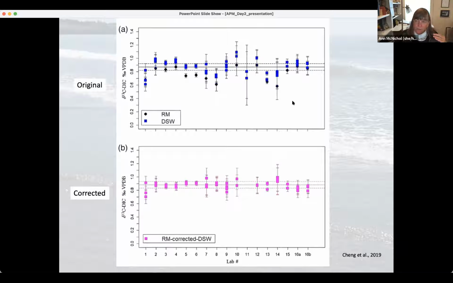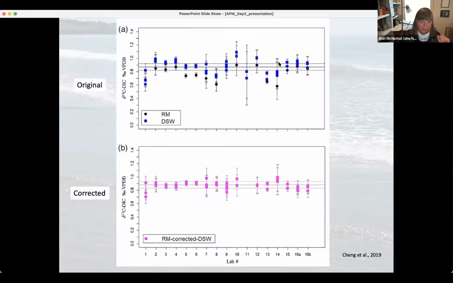The GOOS program, the Global Ocean Observing System, has identified C13 as, I don't know what they call it, but a major variable. And it has stated that you need plus or minus 0.05 per mil reproducibility in your measurement for these to be useful in that program.